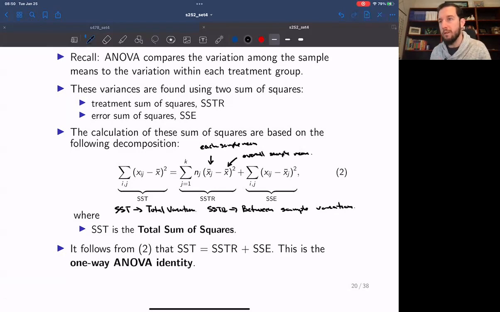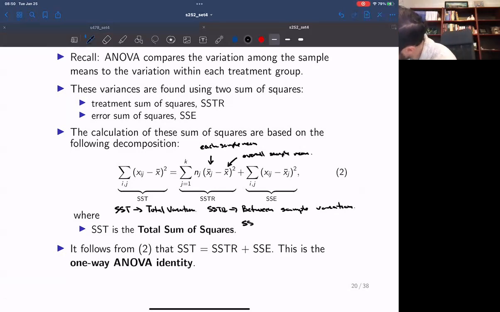So you can see what the SSTR is doing is it's calculating the squared difference between each sample mean and the overall sample mean. So it's finding the variation among the sample means directly, which is between sample variation. The SSE is our path to the within sample variation.